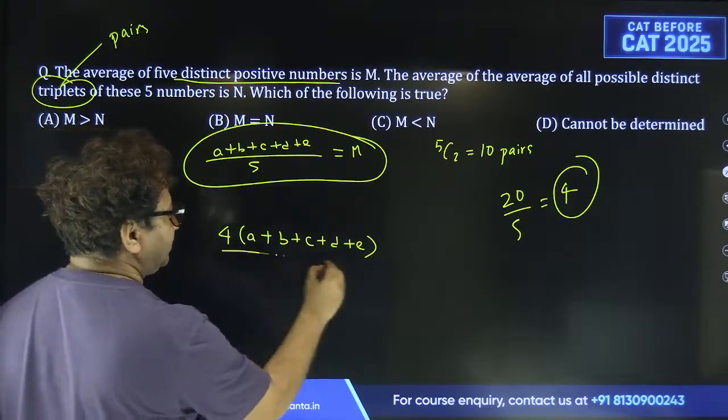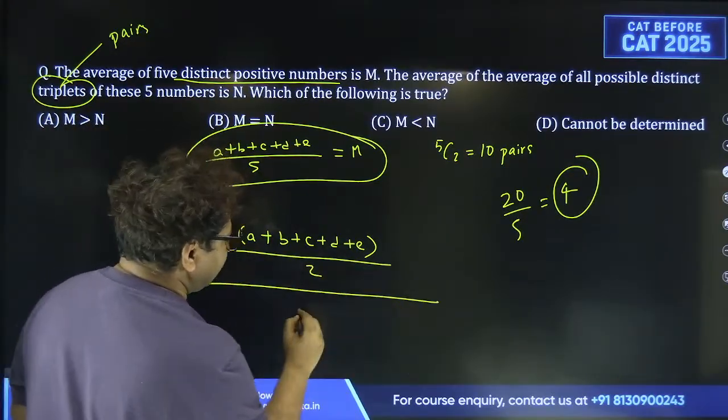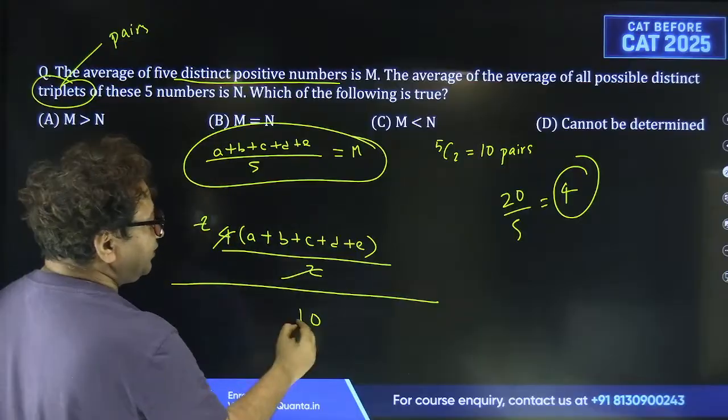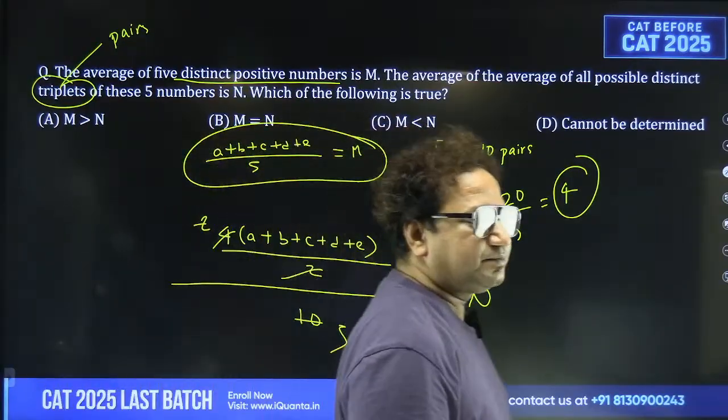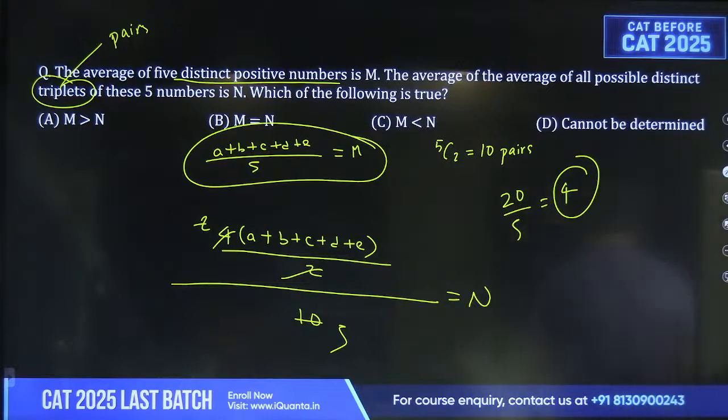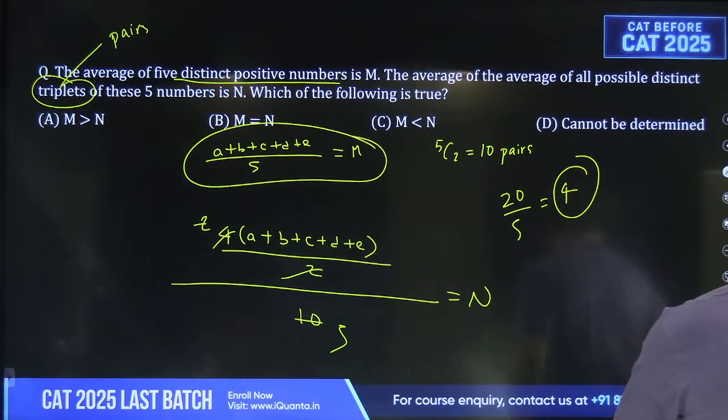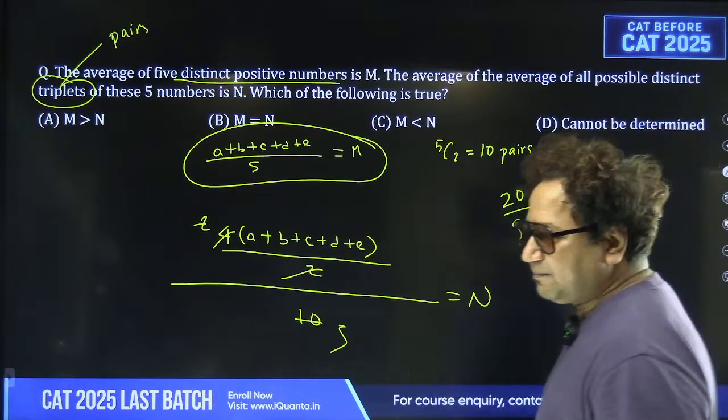Overall 10 terms were there. Now let's see. Again we got the same value. Again m and n are equal. Interesting stuff. Got it, Jagjit? Very good.